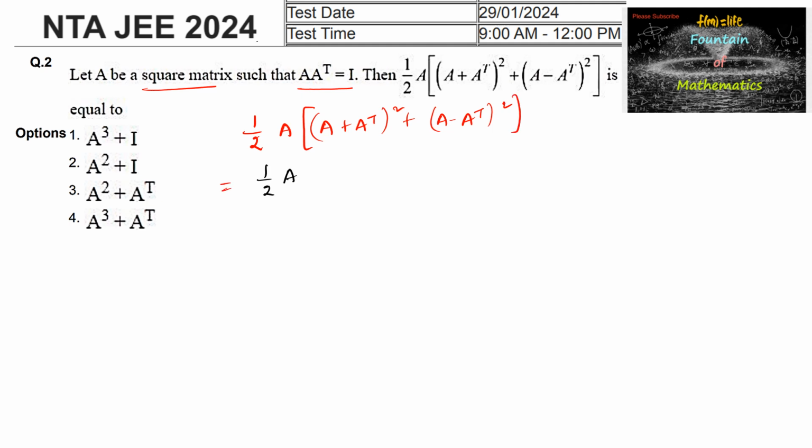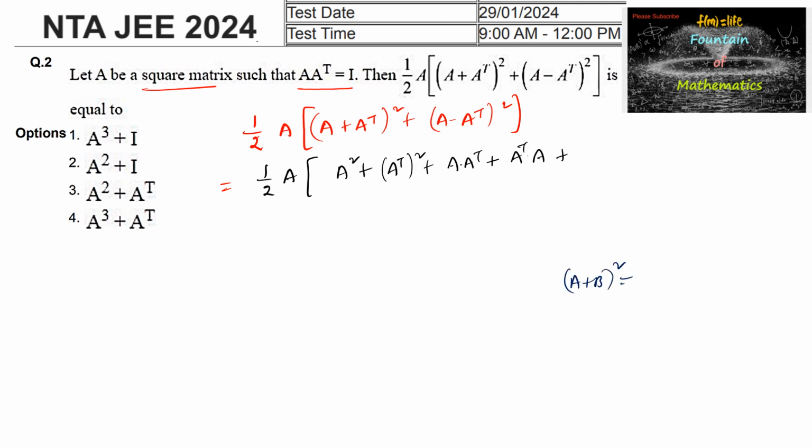1 by 2 into A into, let us do (A plus A transpose) whole square, A square plus A transpose whole square plus A into A transpose plus A transpose into A, plus again here A minus A transpose we can write since we have the properties.